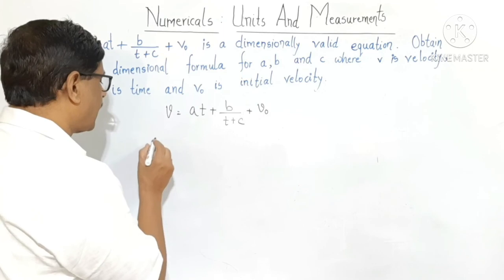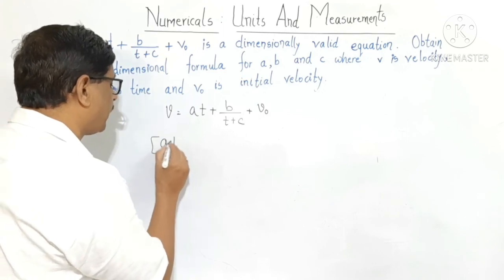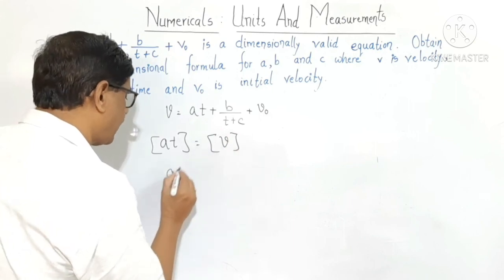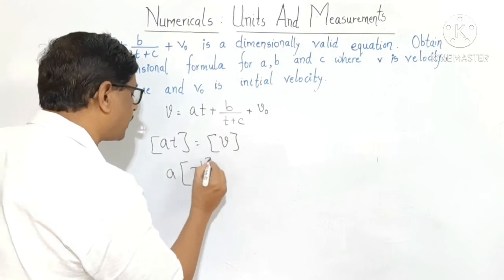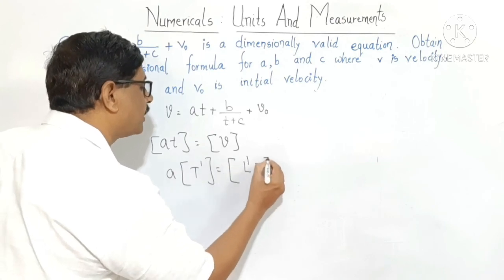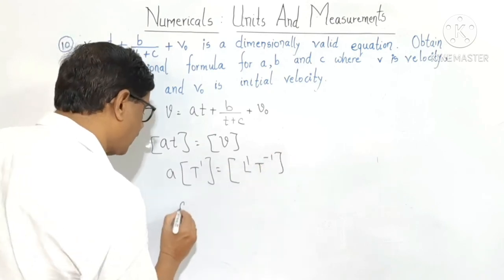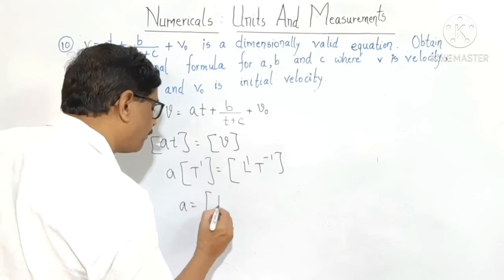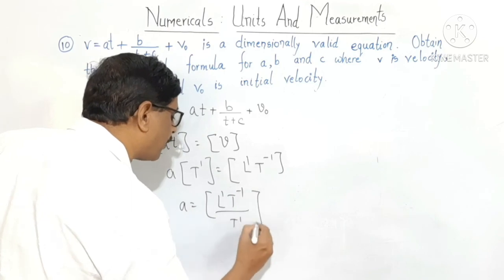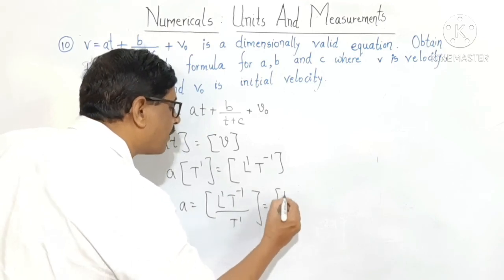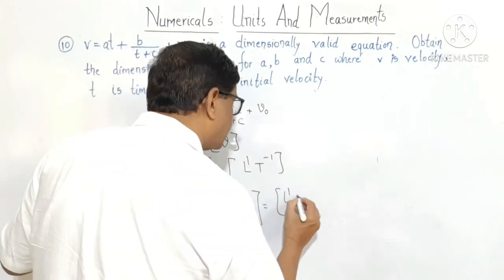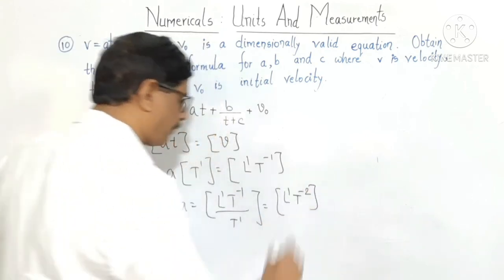Here the dimensions of A into T should be the dimensions of velocity. The dimension of T is T to the power of 1 and dimension of velocity is L1 and T to the power of minus 1. Therefore, A is equal to L1 T to the power of minus 1 divided by T to the power of 1, and therefore the dimensions of A are L1 and T to the power of minus 2.